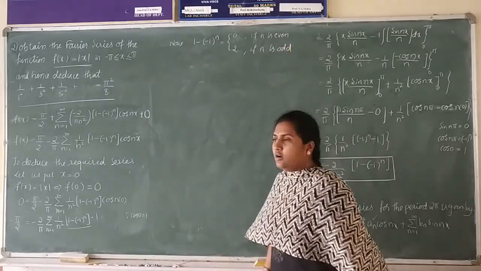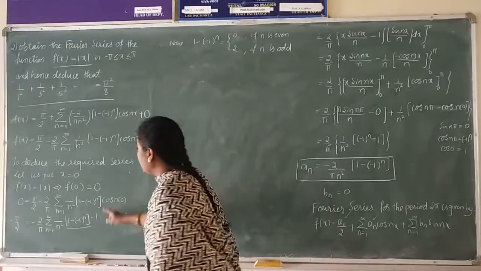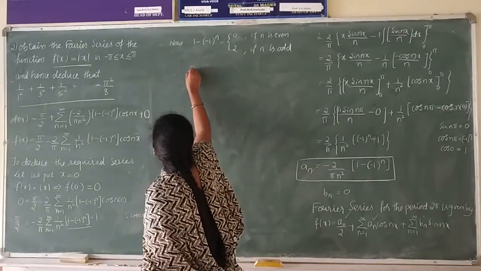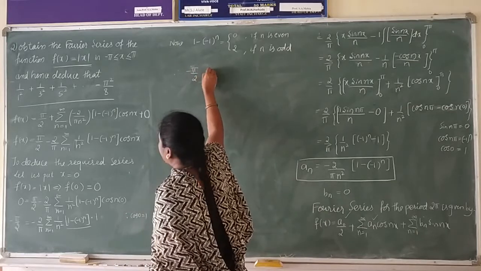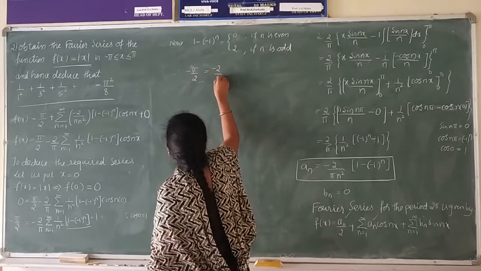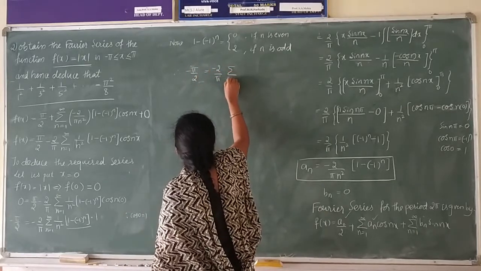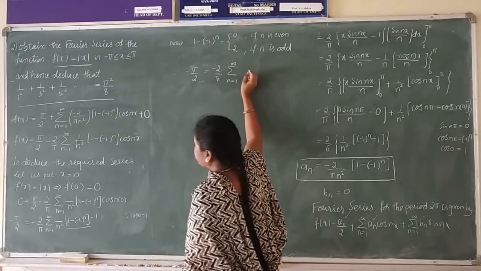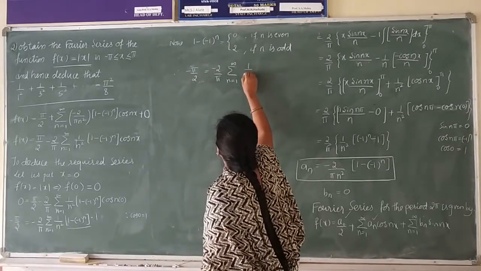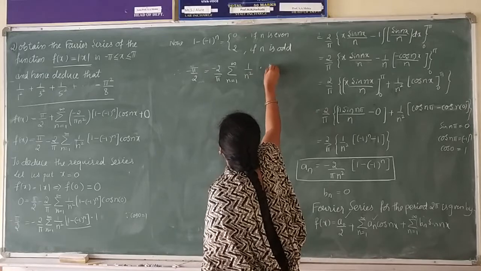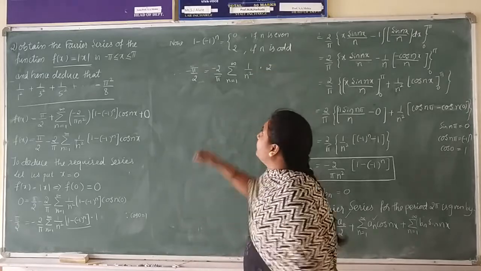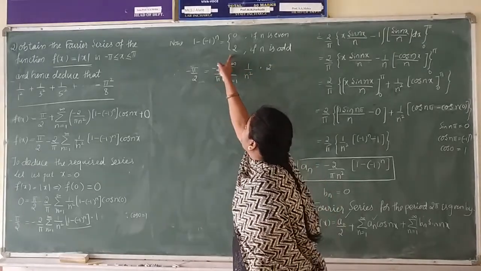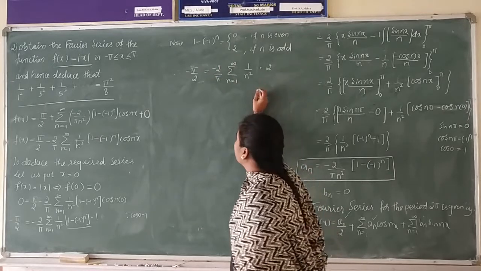Substituting the value here, therefore minus pi by 2 is equal to minus 2 by pi summation n equals 1 to infinity 1 by n square into 2. I have substituted the value 2 from this.